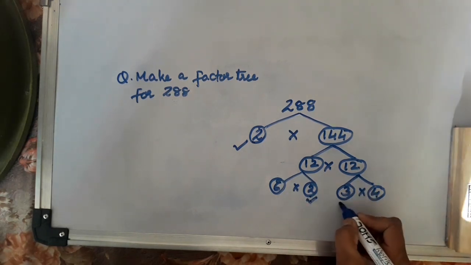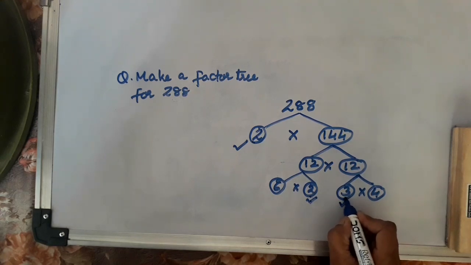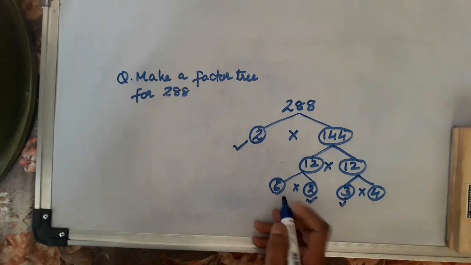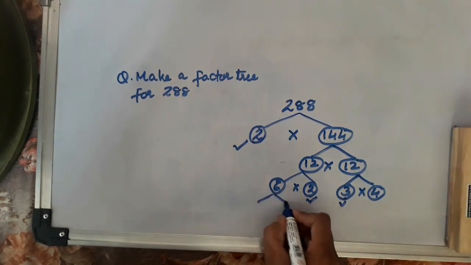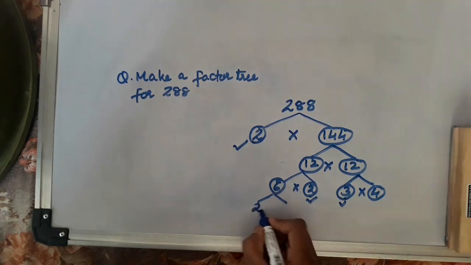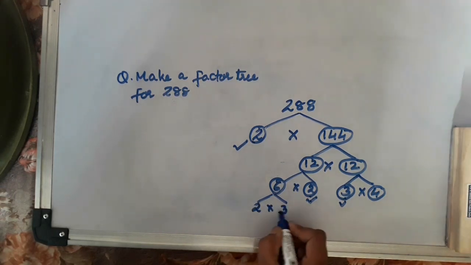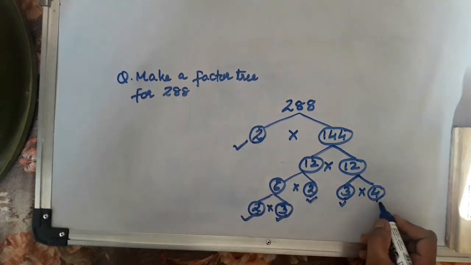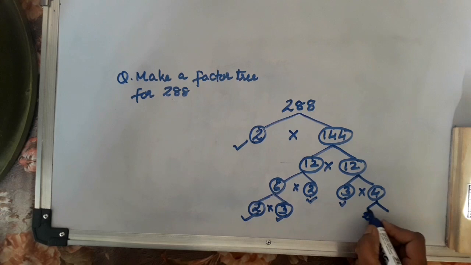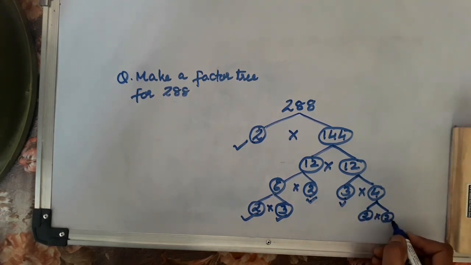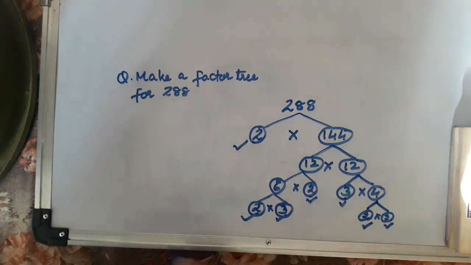Here we stop this branch because 3 is a prime number. But 6 is a composite number. This we can further split up as 2 into 3, and both are prime numbers. So we stop here, and 4 we can split as 2 into 2, and both numbers are prime numbers. So we need to stop here.